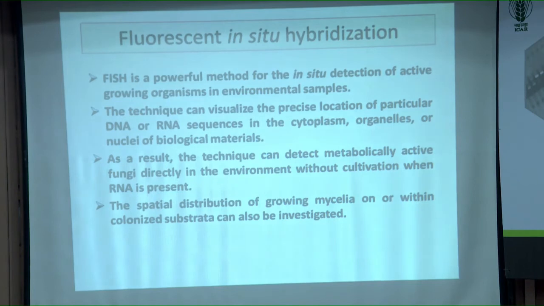This technique can visualize the precise location of particular DNA or RNA sequences in the cytoplasm, organelles or nuclei of biological materials, and as a result it can detect metabolically active fungi directly in the environment without extraction of the DNA. The spatial distribution of growing mycelia on or within colonized substrata can also be investigated.